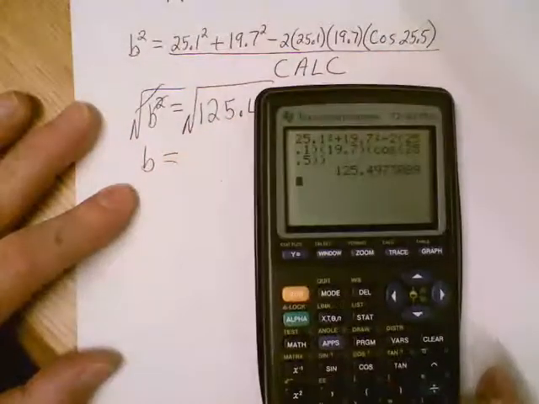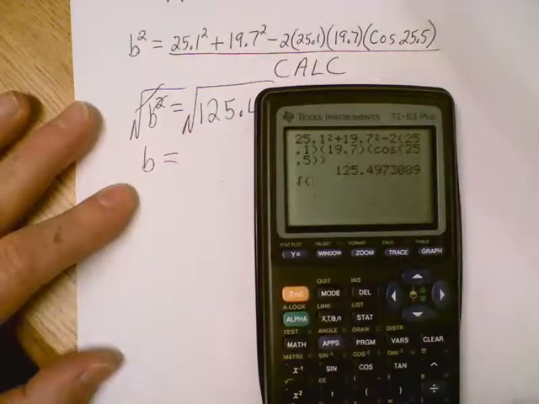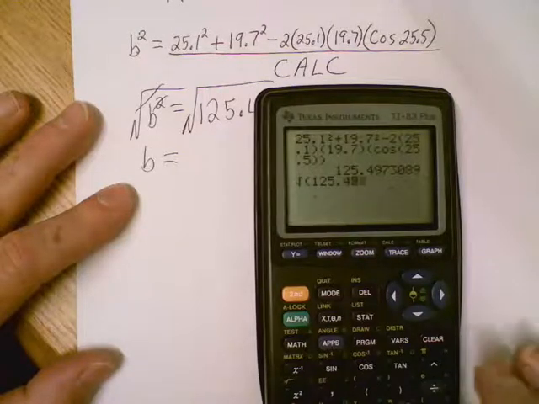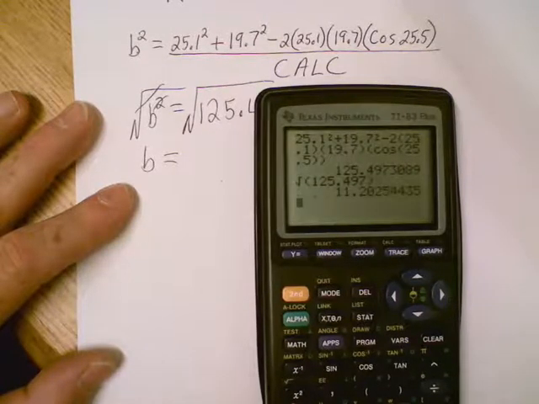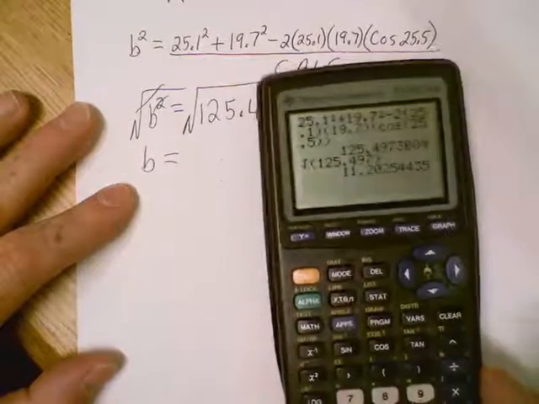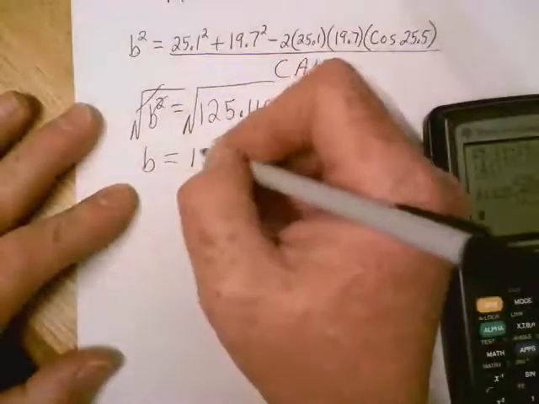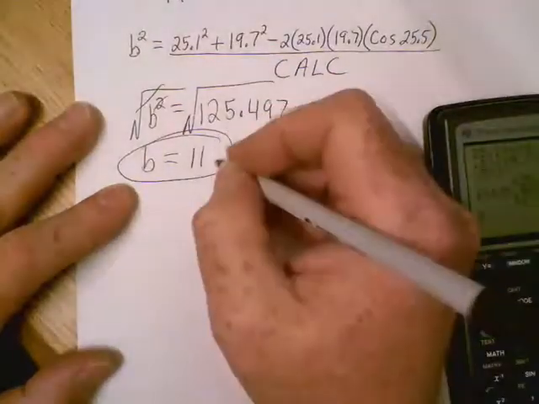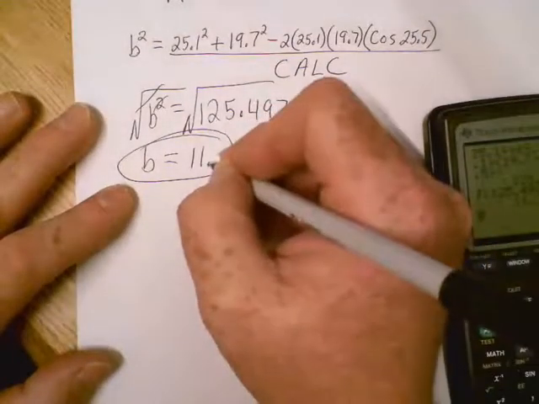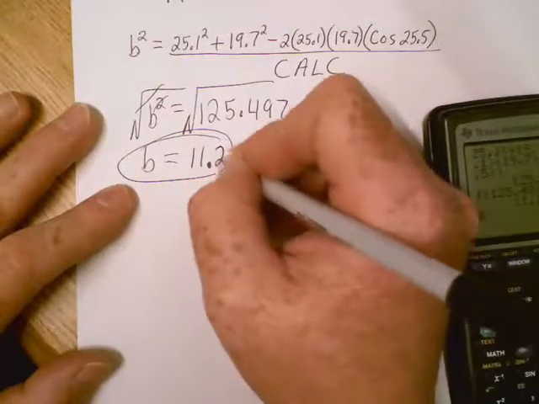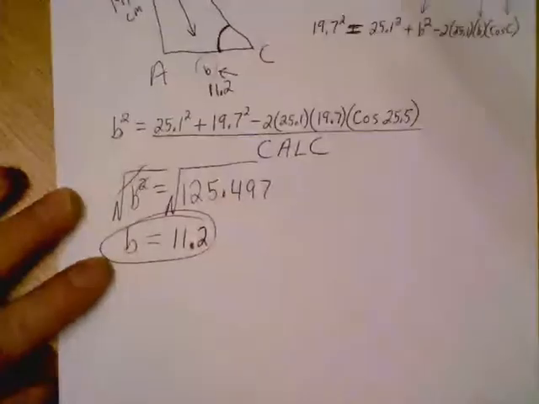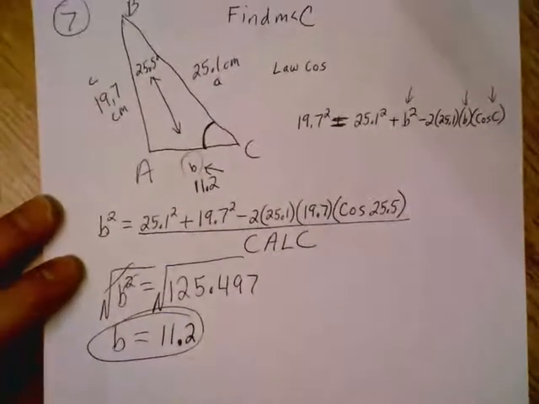On our calculator, we just hit second, square root, 125.497, and that comes out to 11.2. They said round your answers off to the nearest whole number, so b is about 11. We better go out one place. I forgot that's not our answer. So we'll say little b is 11.2. I wrote that in up there.